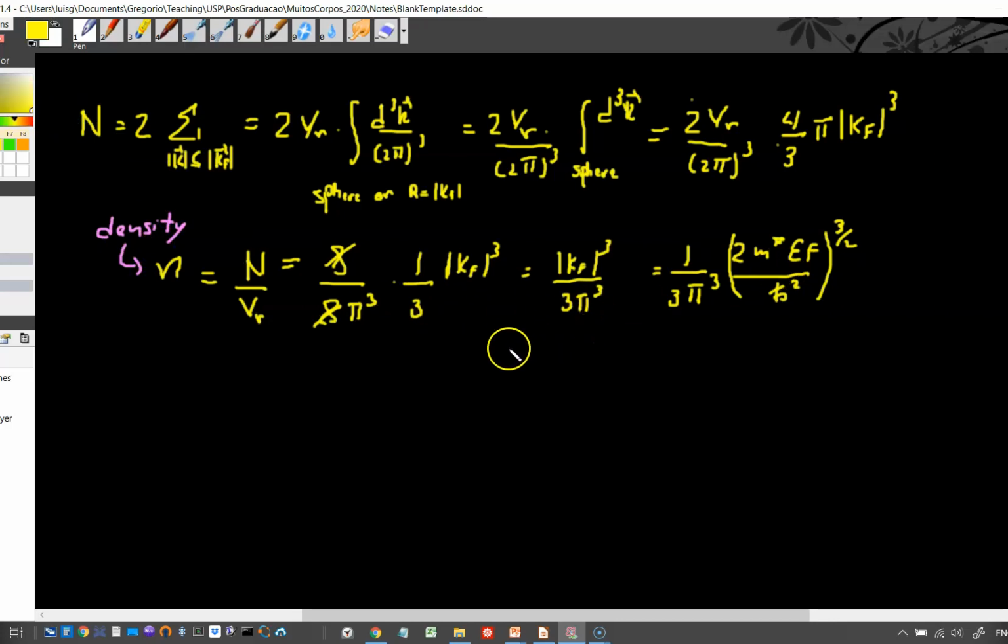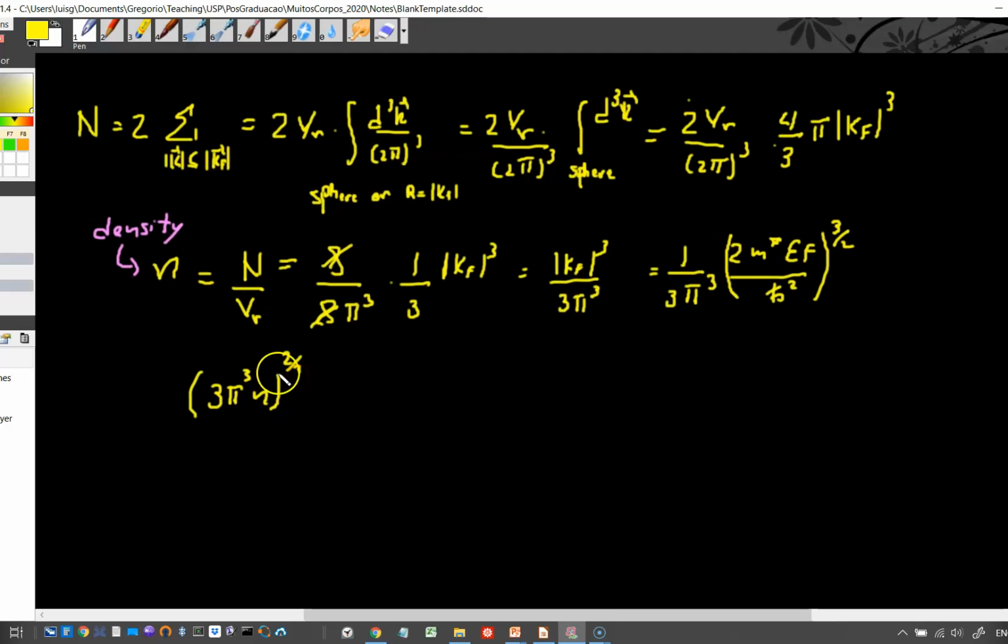So the first thing I do is I multiply the density by this 3 pi cubed. And then I take this to the power of 2/3. And that should be equal to 2m star EF over h bar squared. Is that it?